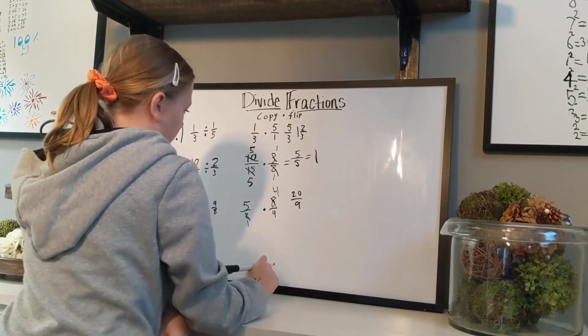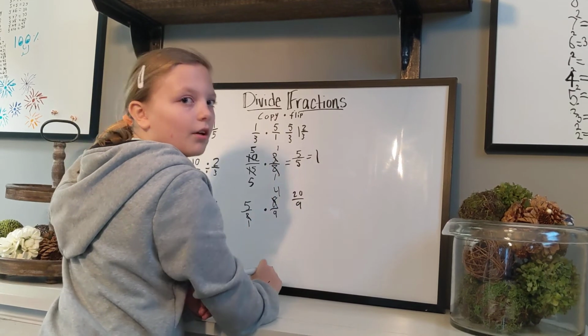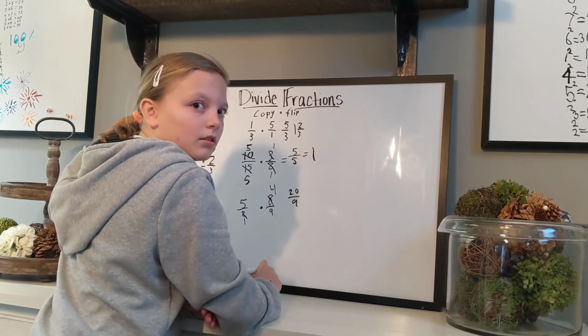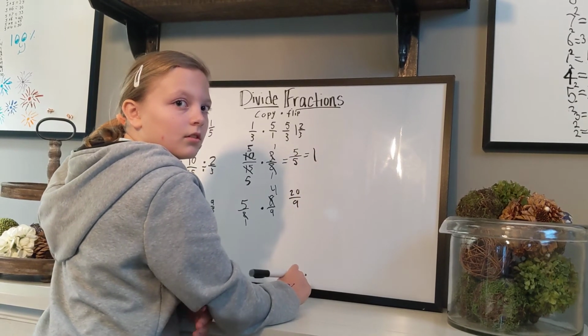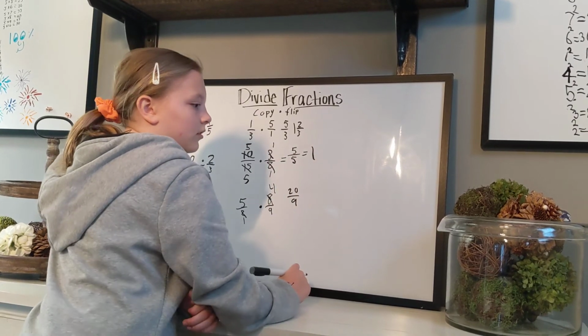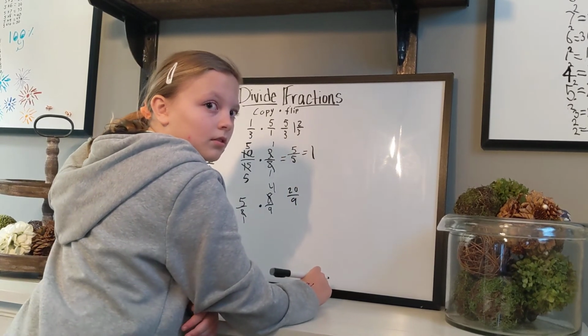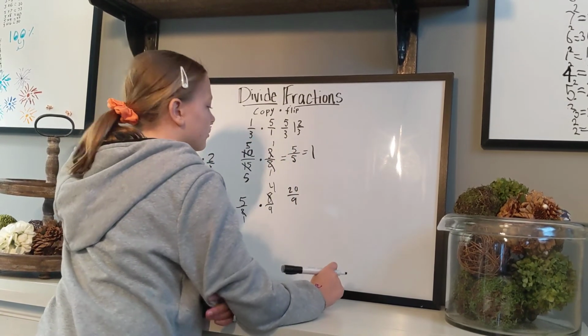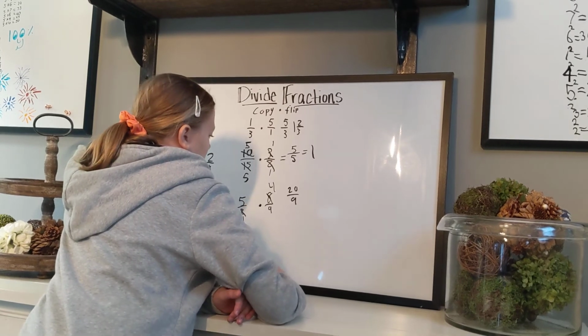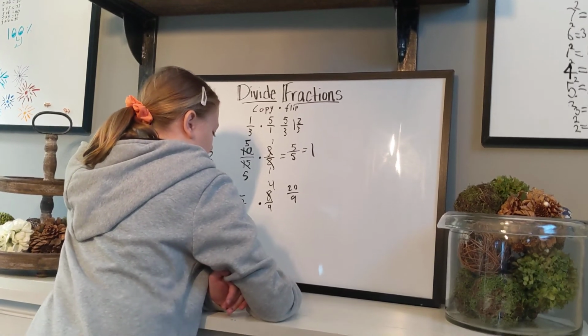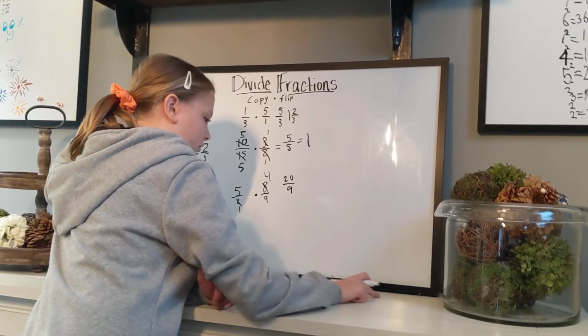Is that reduced? I tell all of my kids that 20 over 9 is a valid answer. If you wrote that on any test, you would be correct. But it's not the cleanest answer. It's not our smallest, tidiest answer. So we can convert it.